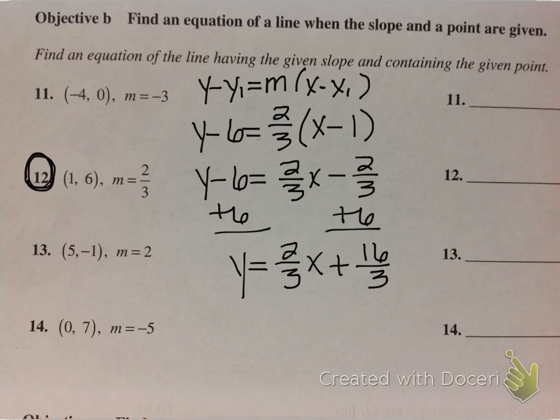So if you put it in your calculator, you can just get an improper fraction, or you can have a proper fraction. It doesn't matter which one. So here would be our slope-intercept equation. So if the problem asks you for an equation of a line, they might specify in slope-intercept form. Most of the time we work with equations in slope-intercept form, but we use the point-slope form to get us started.